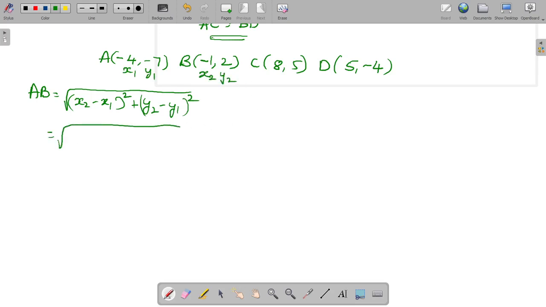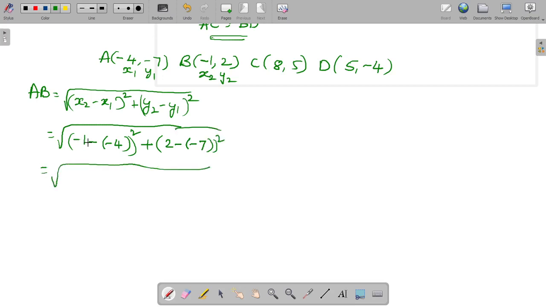So, (-1 minus of -4) whole square plus (2 minus of -7) whole square, which is (-1 plus 4) whole square plus (2 plus 7) whole square.